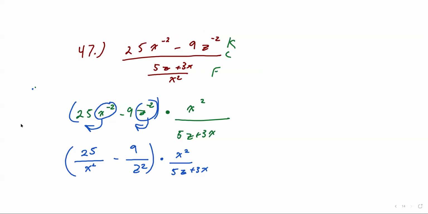So to clean this up, I need to multiply by z squared, x squared, x squared. So I'd get 25z squared minus 9x squared over x squared z squared, times x squared over 5z plus 3x.